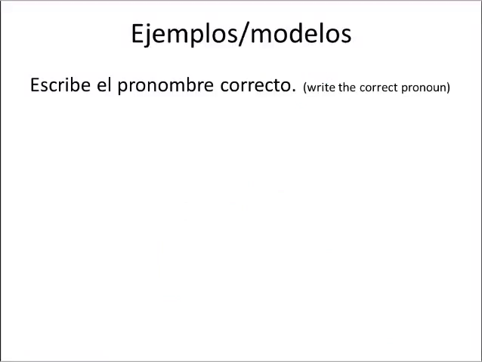Okay, hey guys, so now that you have done the screencast and you've learned a little bit about pronouns, pronombres, let's look at some ejemplos, some modelos, to see how they correspond exactly with nouns. So, instrucciones, instructions. Escribe el pronombre correcto.